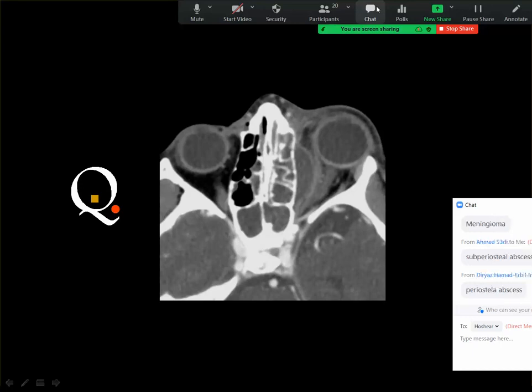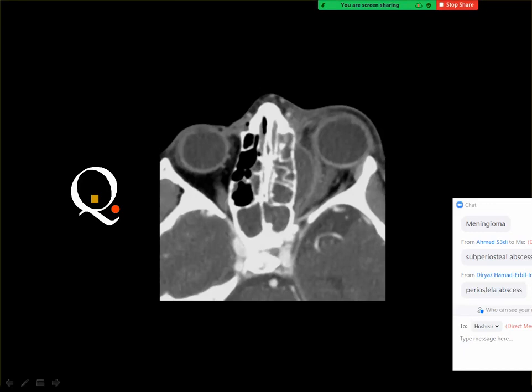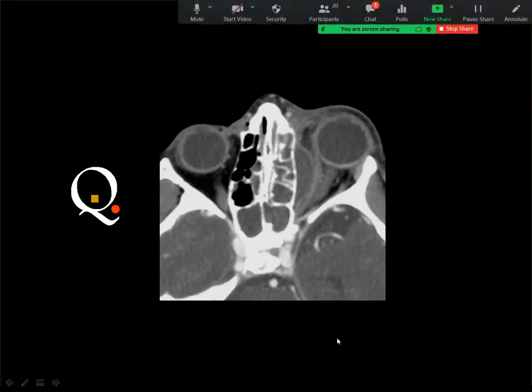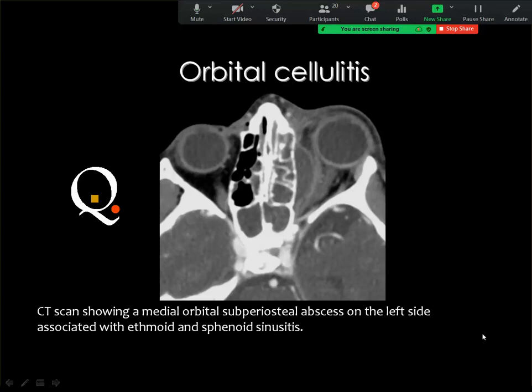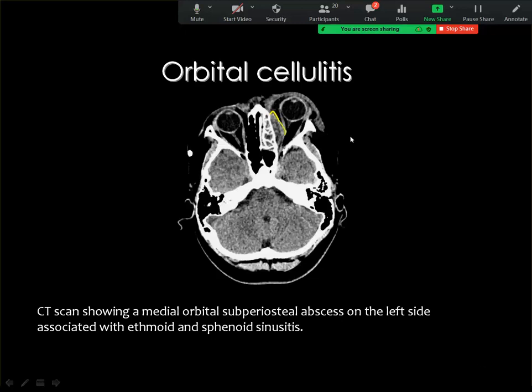Subperiosteal abscess, yes, and then the diagnosis should be orbital cellulitis with subperiosteal abscess secondary to ethmoidal sinusitis. And this should be the full diagnosis: orbital cellulitis with subperiosteal abscess secondary to ethmoidal sinusitis.